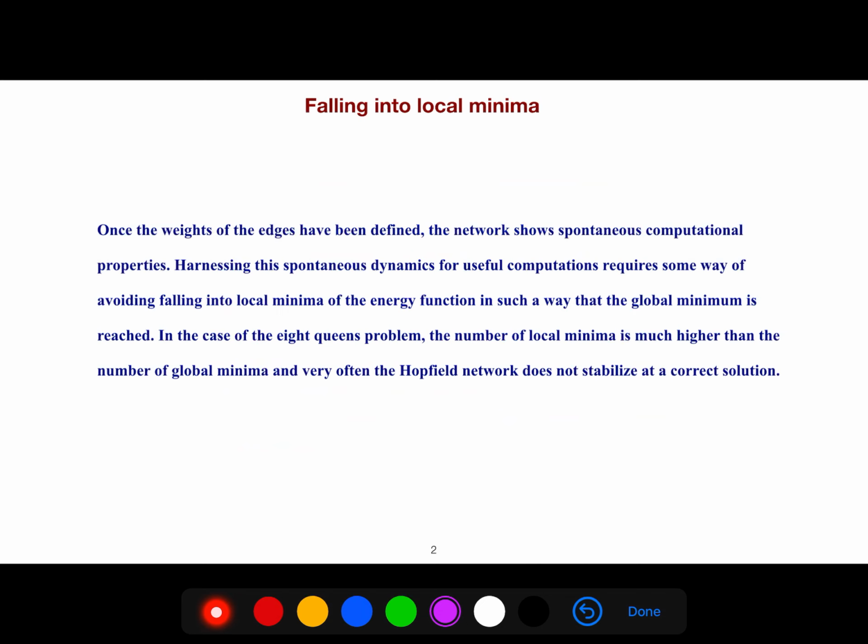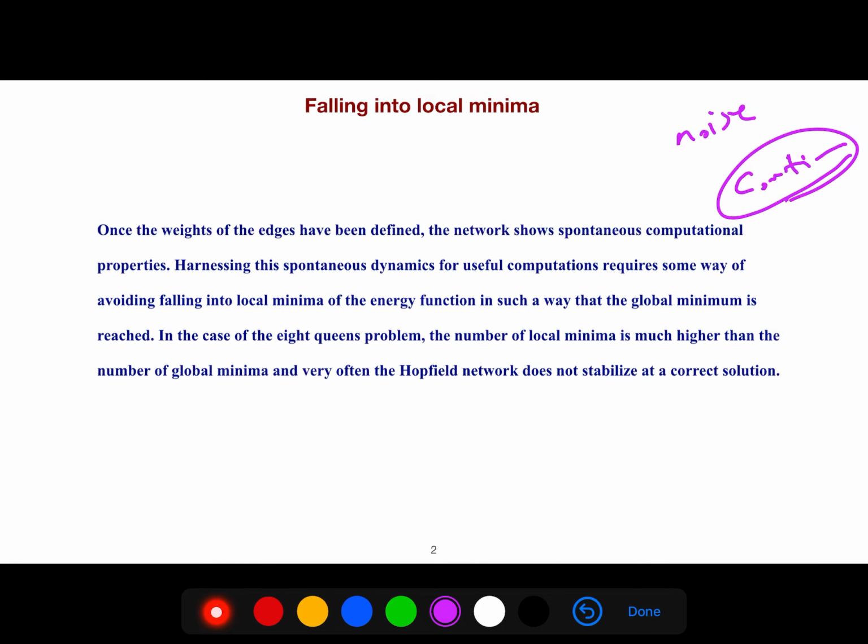So let's see how we can get around this problem by inventing something such as noise, for example, by inventing something like a continuous domain instead of just discrete states. Once the weights of the edges have been defined, the network shows spontaneous computational properties.